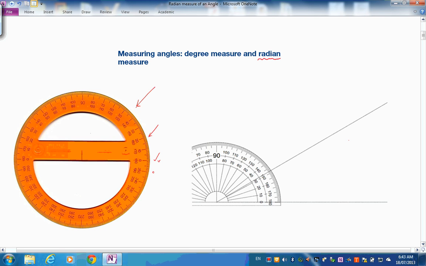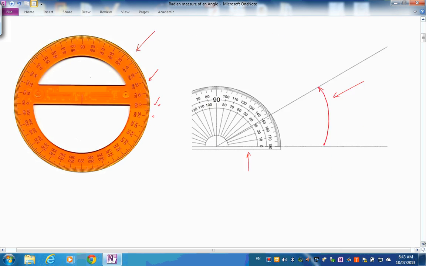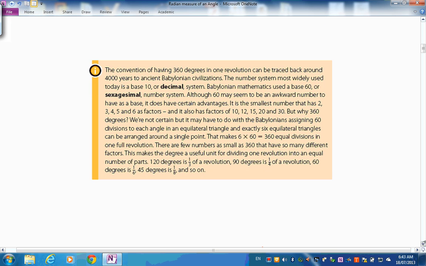So then, of course, we usually use a semicircular protractor like this one here to measure this amount of opening, and we call them degrees. Portions, 1/360th of a revolution. Okay, let's look at a bit of the history of that so that we can move on and see why we might use a different method of measuring an angle.